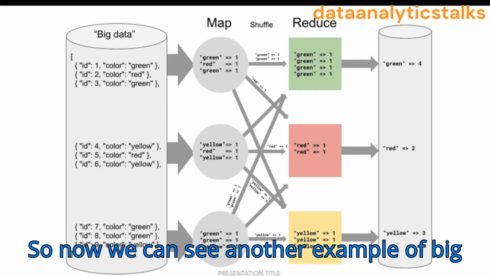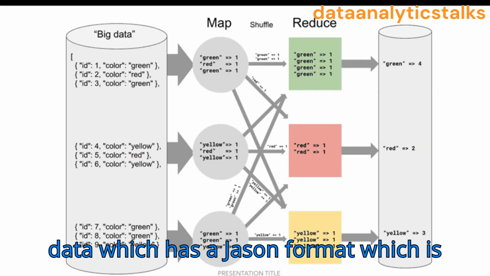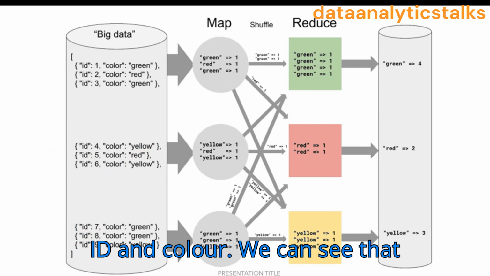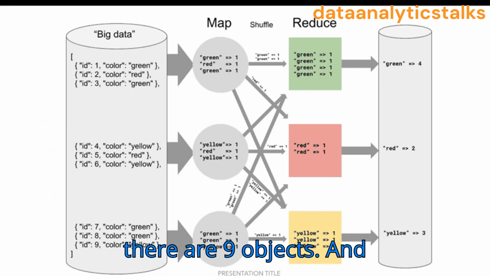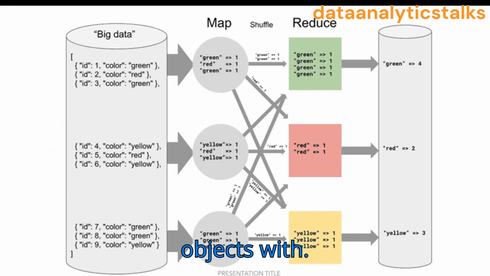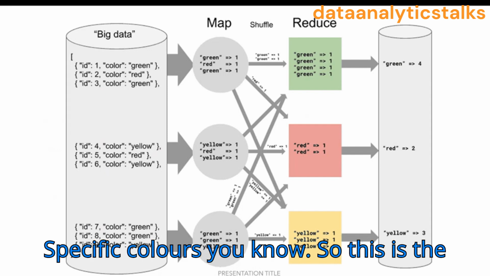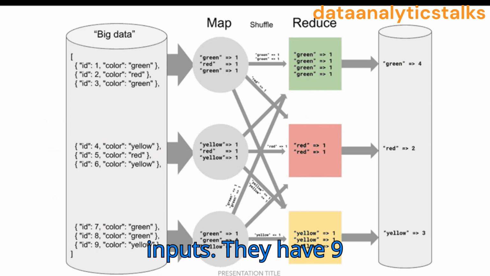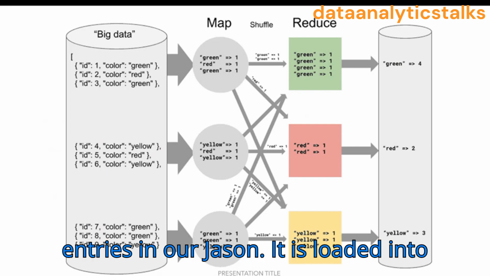Now we can see another example of big data in JSON format, with ID and color. We can see that there are 9 objects, and we want to count the number of objects with specific colors. Now this is the input. They have 9 entries in our JSON.